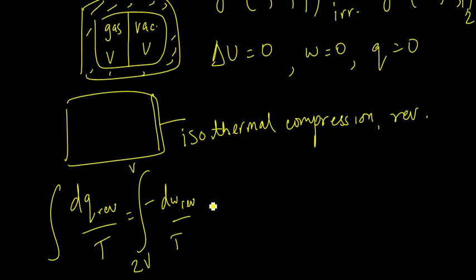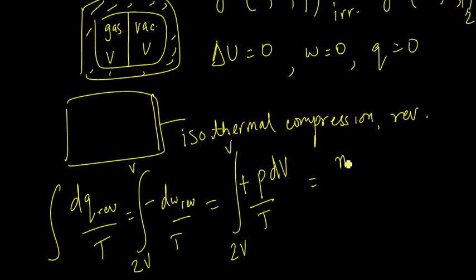Going properly, that would be plus P dV by T, integral 2V to V, and P by T is nR by V, right?